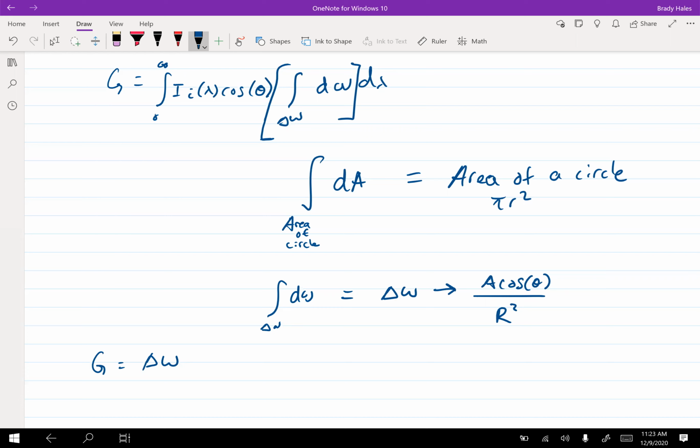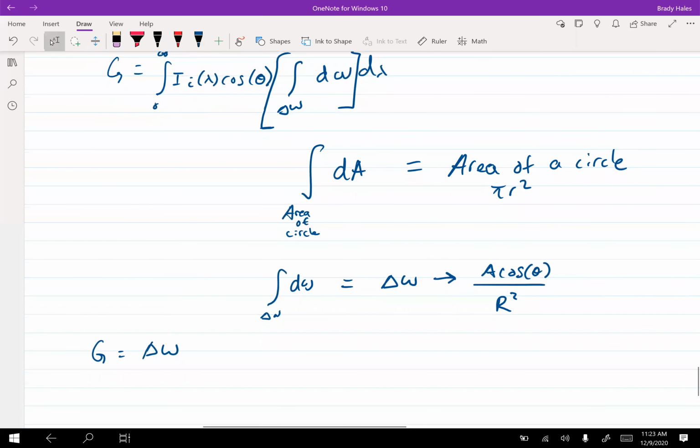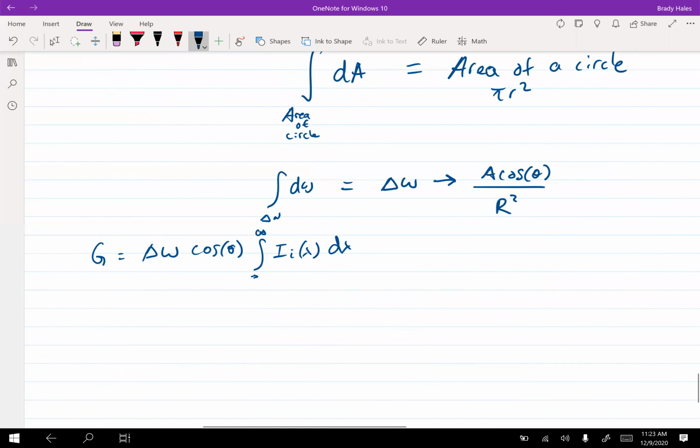I don't really know any cases where that happens, unless you had some sort of glass prism separating out the wavelengths. So it's pretty safe to say cosine theta is almost always a constant with regard to lambda. Okay, and then we have the incident intensity d lambda.